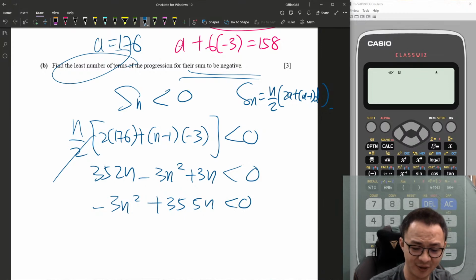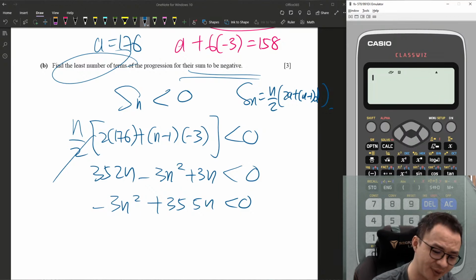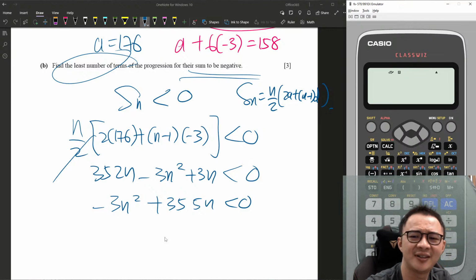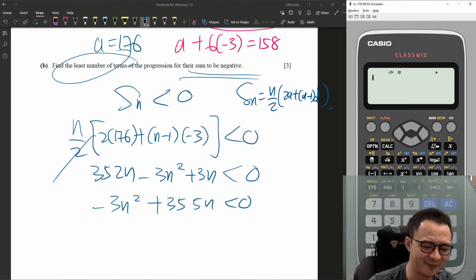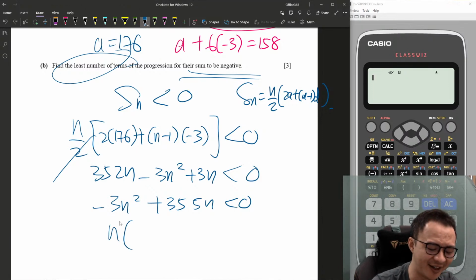Because I plus 3, 355. Can I divide by 3? No. Okay, then I will factorize out the n. Normally in this topic I get very nice numbers, but in this case, I guess maybe I can't. Alright, I factorize out the n, then this is minus 3n.